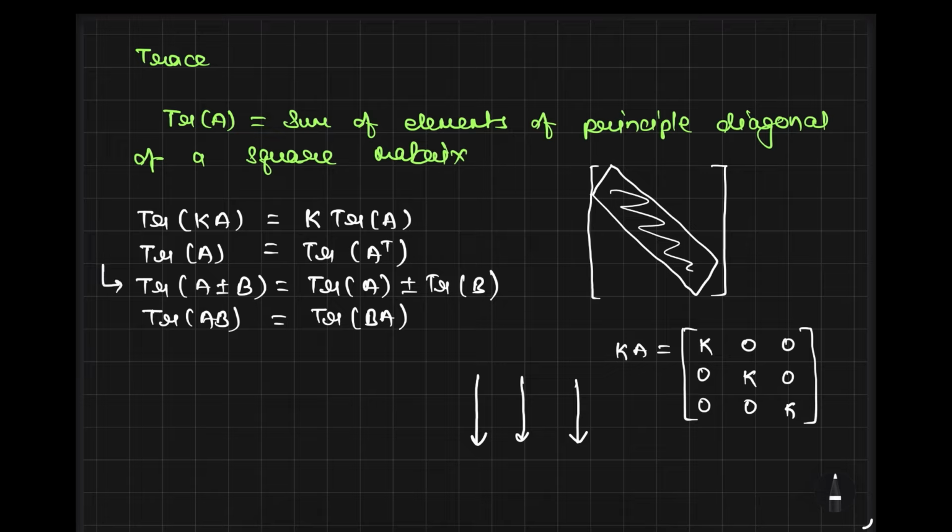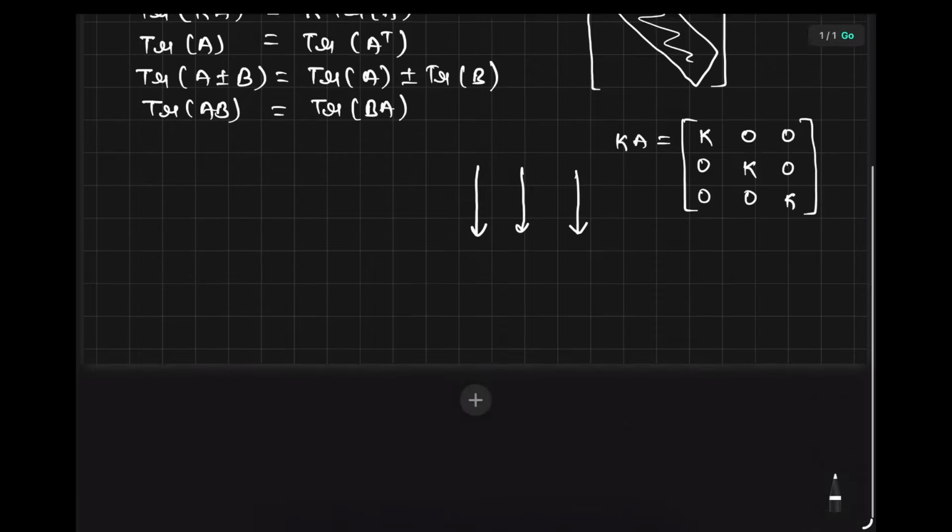If they ask me to find trace of A plus B or A minus B, I can go directly with trace of A and trace of B, dealing with plus or minus respectively. Also trace of AB is equal to trace of BA, so we don't have any problem with trace. Okay, I hope this part is clear.